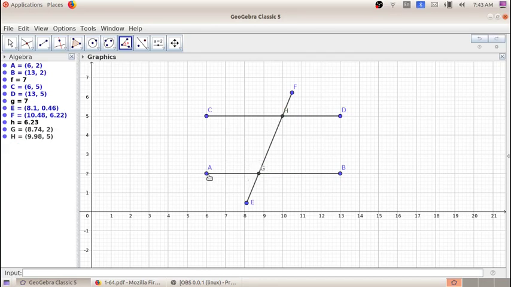I'll show another one. If I take HGA and FHC, this is also a pair of corresponding angles because they are in matching or corresponding corners.